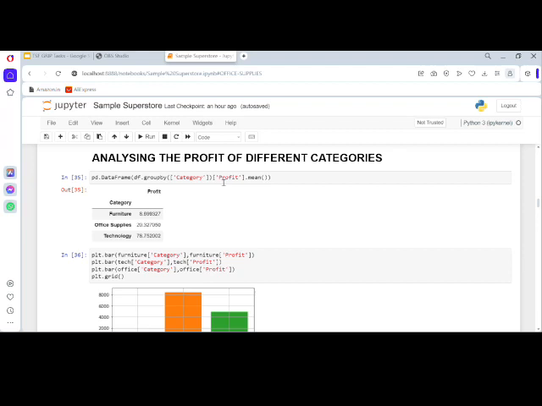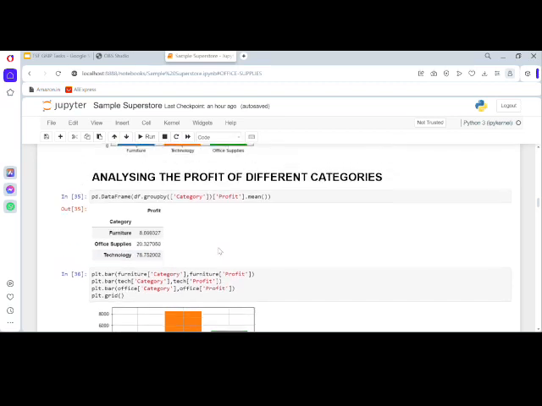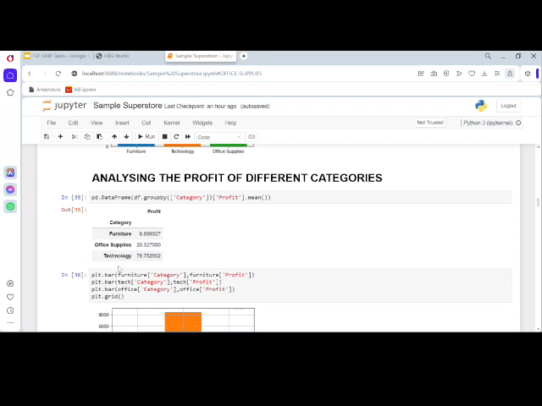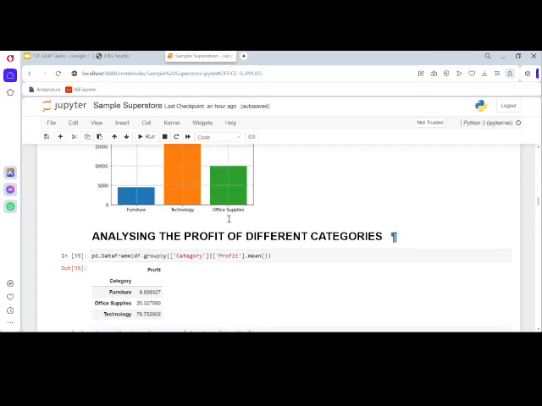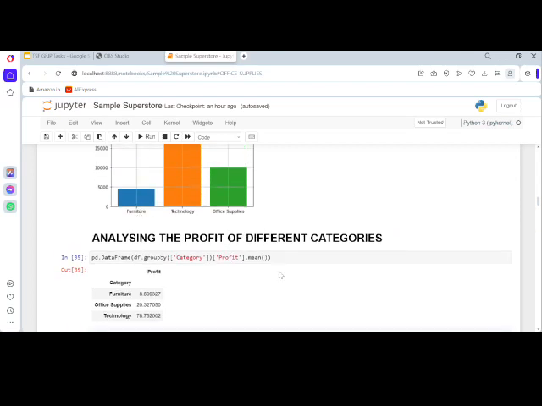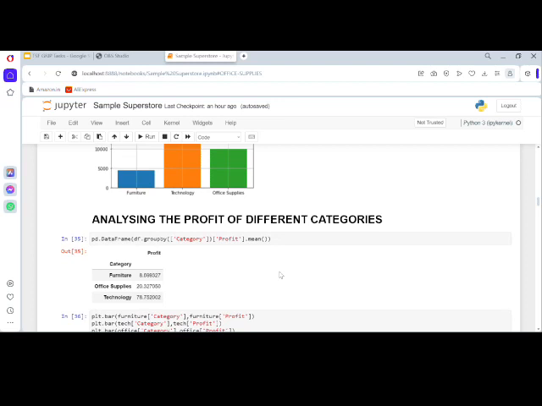And then if we talk about the profit, of course, as we can see, it is still technology, and we can see the ratio of technology and furniture, how much it varies. Also in the sales region. So this provides one of the insights: the sale of furniture is very low, and even the profit generated from it is very low.